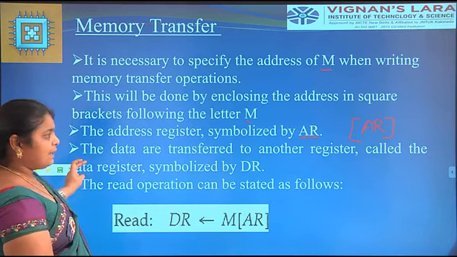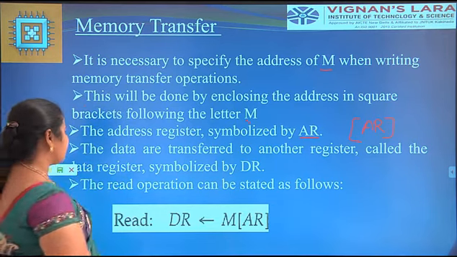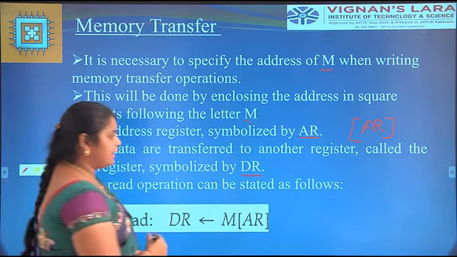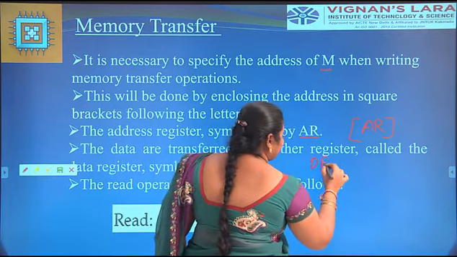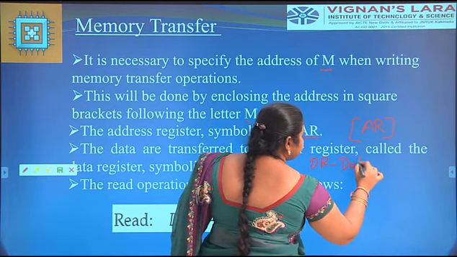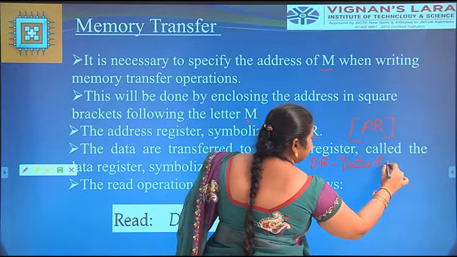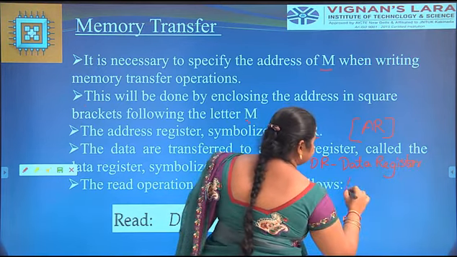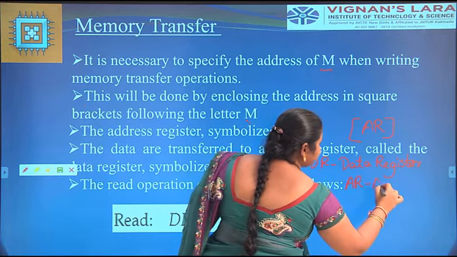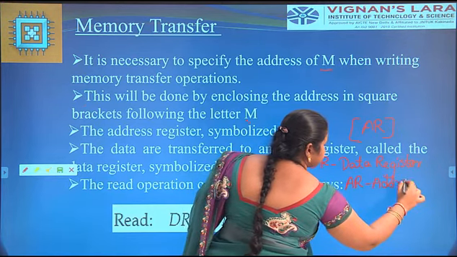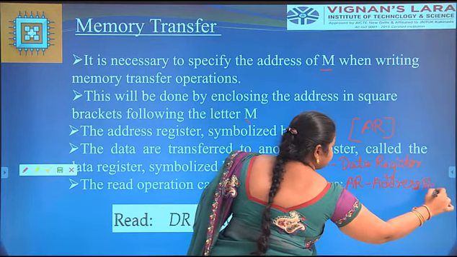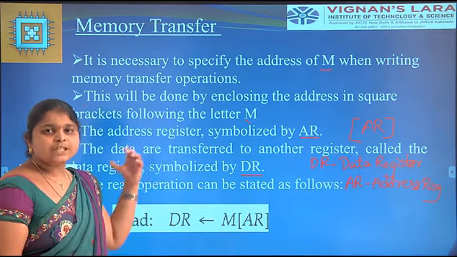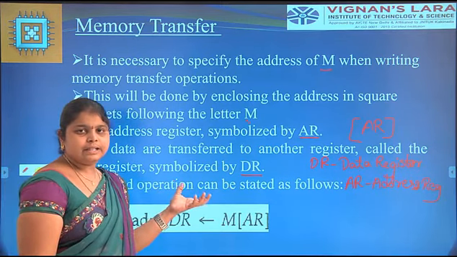The data that can be transferred to the other registers is symbolized by DR. DR means data register. AR means address register. Here, the memory word is the one whose address we have to place, enclosed with the square braces.